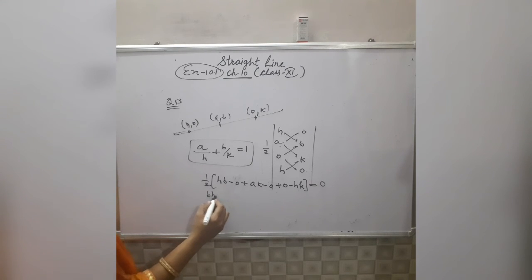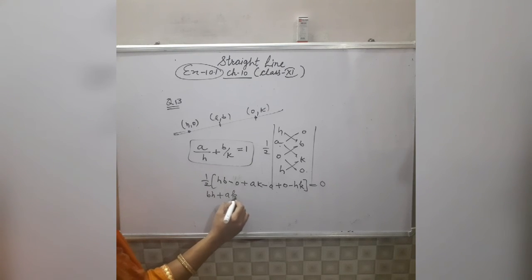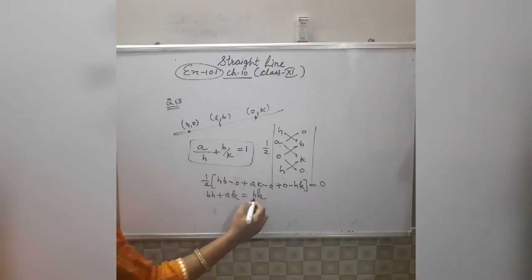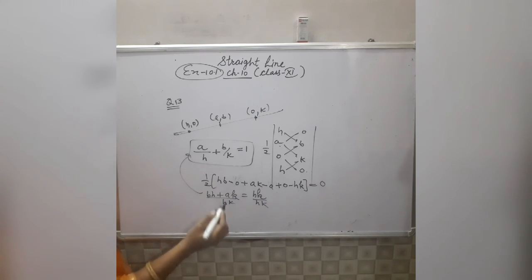So you will get bh plus ak equals hk. Now dividing both sides by hk, you will get the required result: b by k plus a by h equals 1. So this is question number 13.